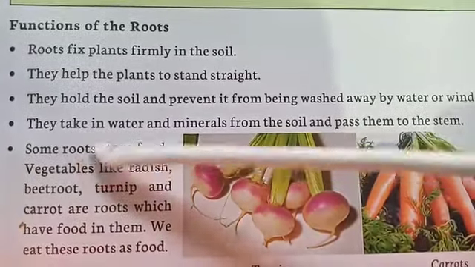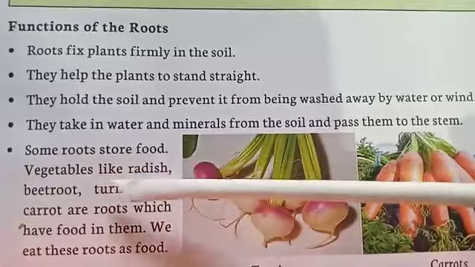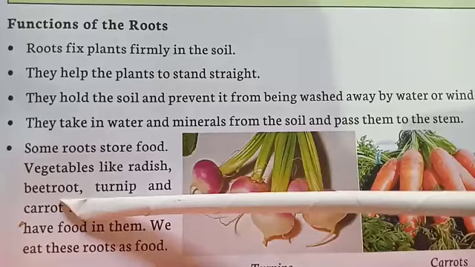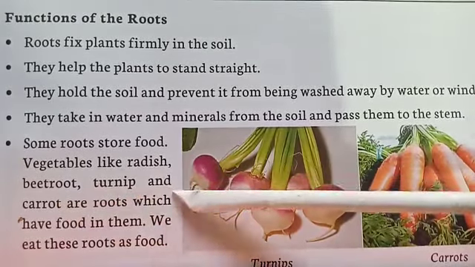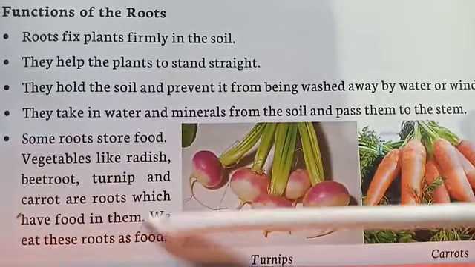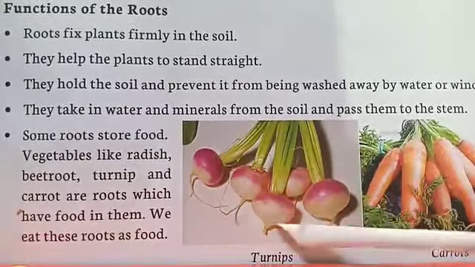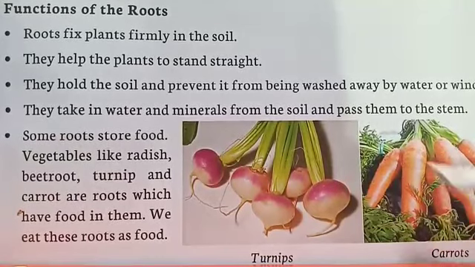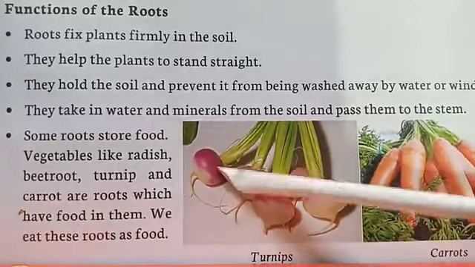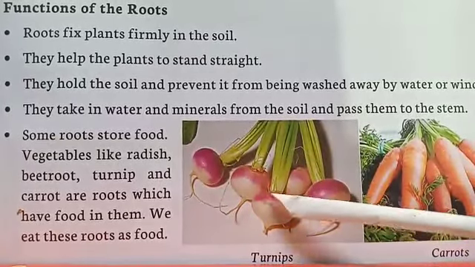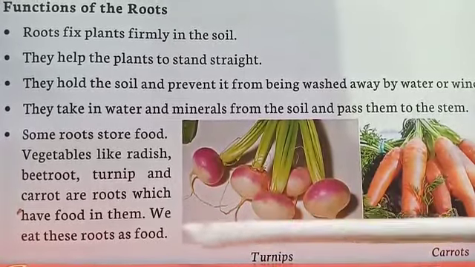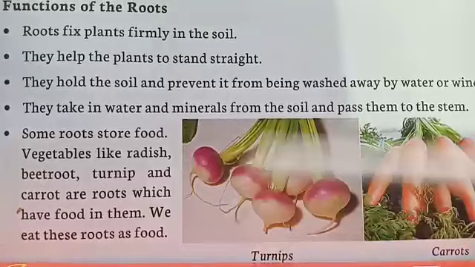Some roots store food. Vegetables like radish, beetroot, turnip, and carrots are roots which have food in them. You can see the picture of turnip and carrots. These are found under the ground. They are roots actually, but they carry food in them. We eat these roots as food.